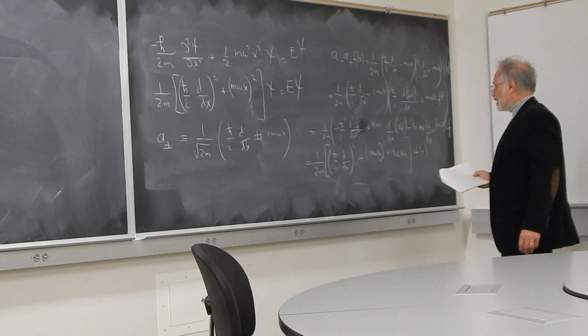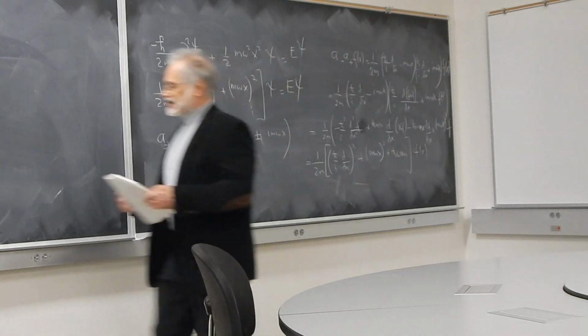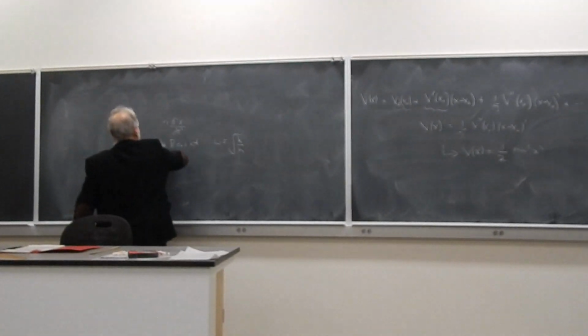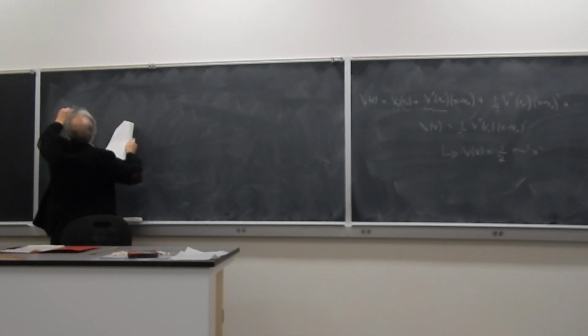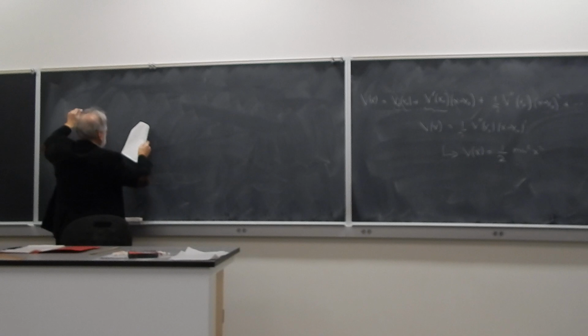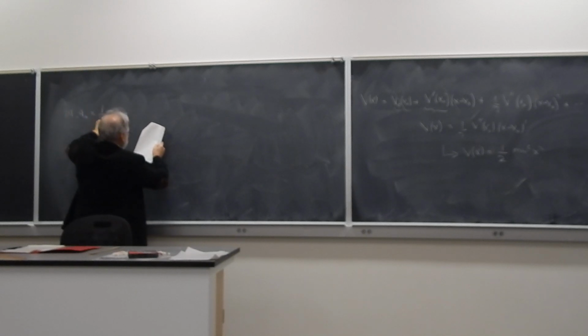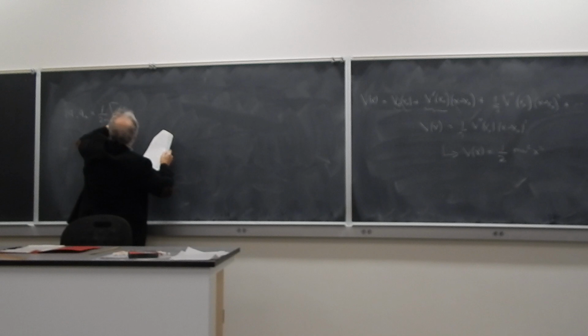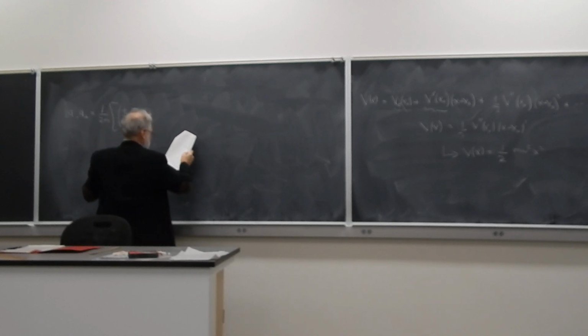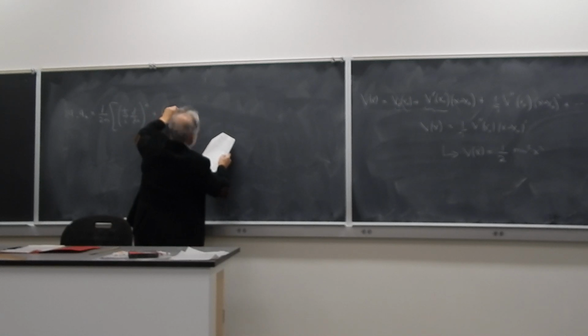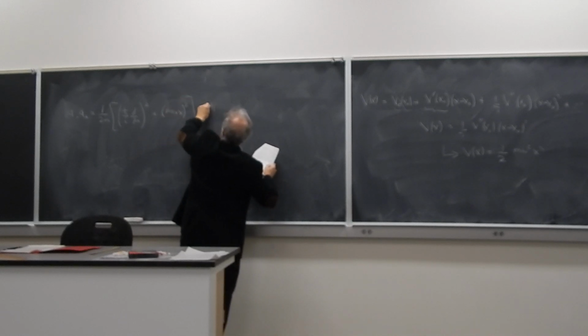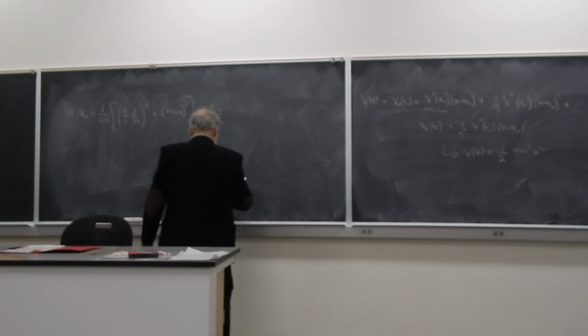Put it all together, then we can say, I'll bring this over to this side. We can say that a minus a plus, put it all together, is 1 over 2m times (h bar over i d/dx) squared plus (m omega x) squared plus h bar omega over 2.